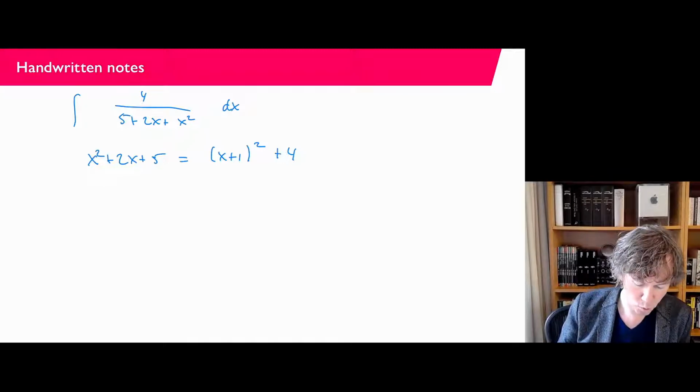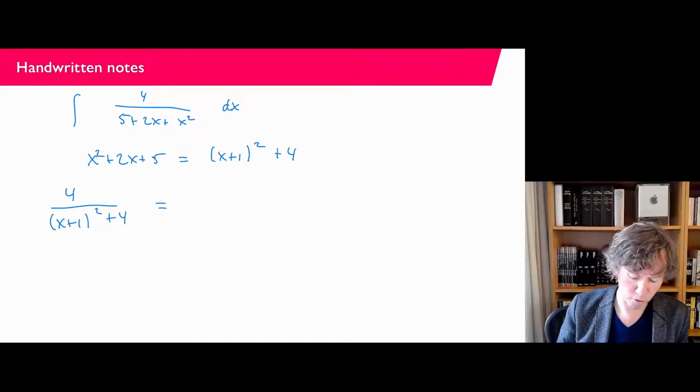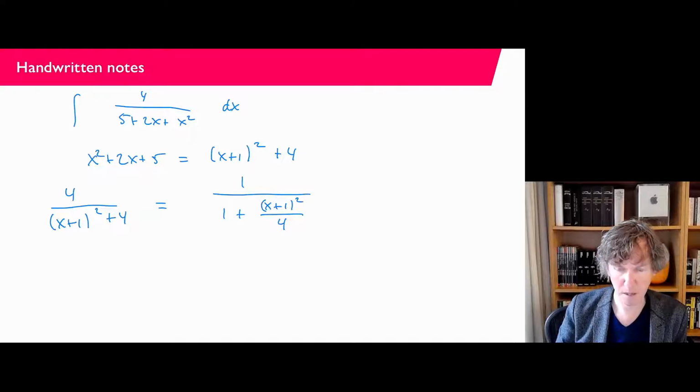And hence we have for the integrand, the function we're trying to integrate, that we can write it as x plus 1 squared plus 4. If you now divide all the terms by 4, we get 1 over, and I'm going to swap the two terms in the denominator, x plus 1 squared over 4.